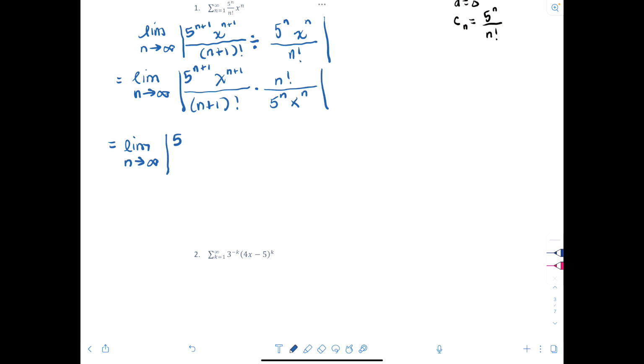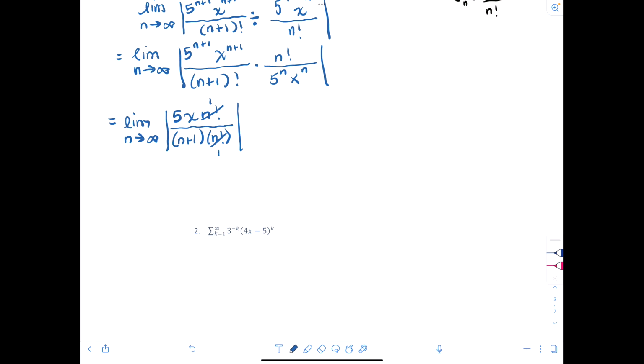And then same with the x, we'll have 5 times x times n factorial, making it one happy fraction, over n plus 1 times n factorial. Cool? All right, and so the n factorials divide out to be 1, and the limit is not affected by the x, so as n goes to infinity, this limit goes to 0.